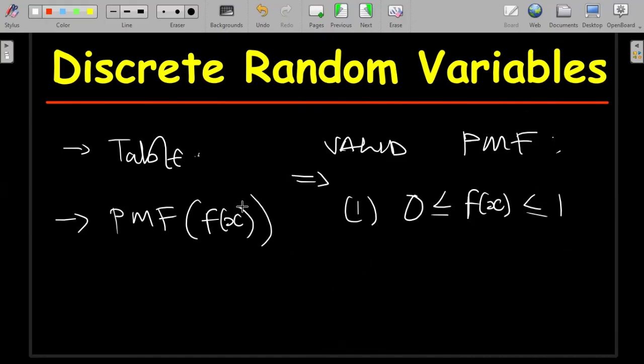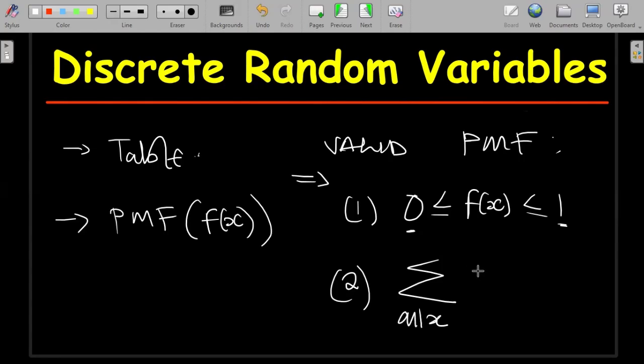The f of x should be between 0 and what? The 1. This simply means that the probability of anything happening should always be between 0 and 1. You can't have a probability that is more than 1, and you can't have a probability that is less than what? 0.